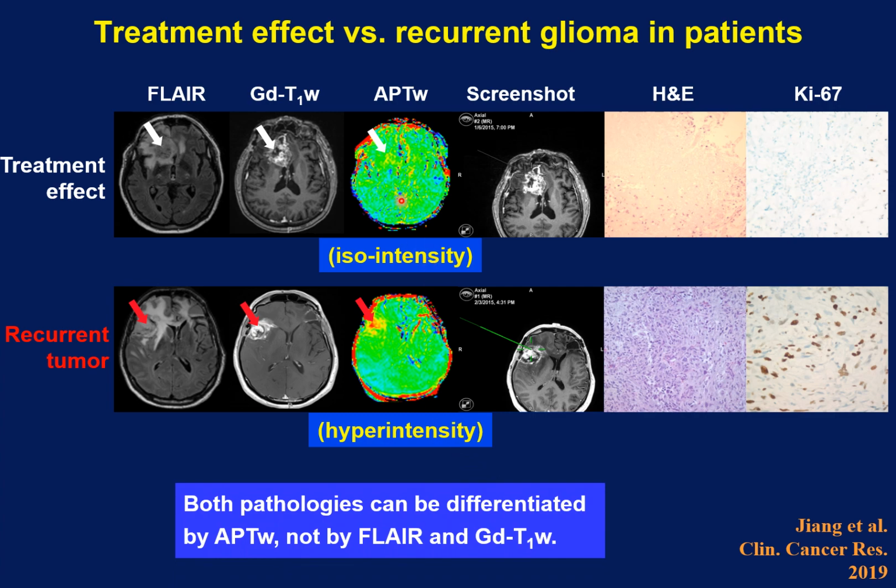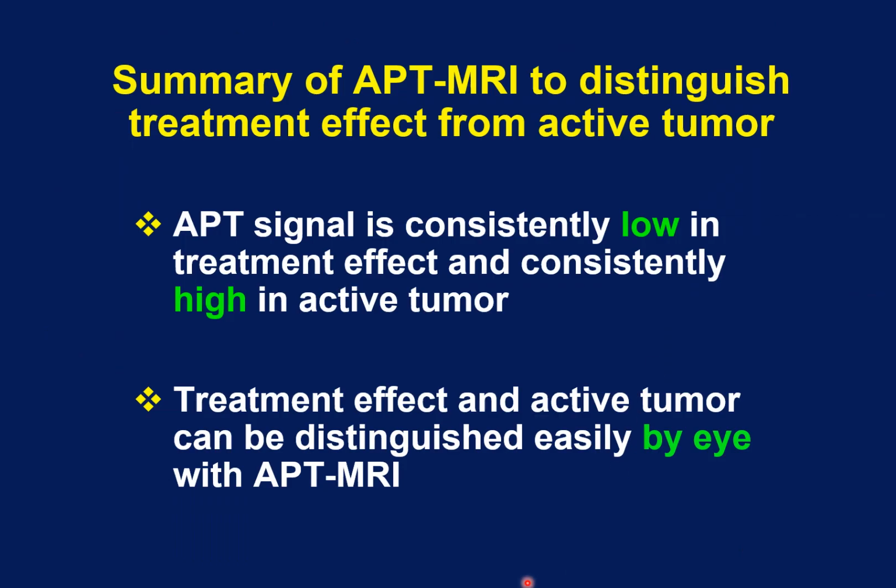So treatment effect and tumor recurrence can be differentiated by APT very well. This has been confirmed by pathology. Summary: APT signal is consistently low in treatment effect and consistently high in active tumor. And treatment effect and active tumor can be distinguished easily by eye with APT-weighted MRI.